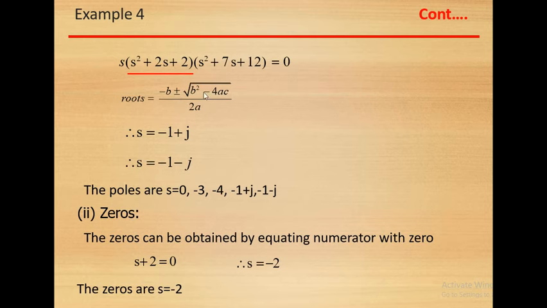After doing the multiplication and simplification, you will get two roots: s is equal to minus 1 plus j, and s is equal to minus 1 minus j. Listen carefully, root of minus 1 is given by j. Keep that in mind.